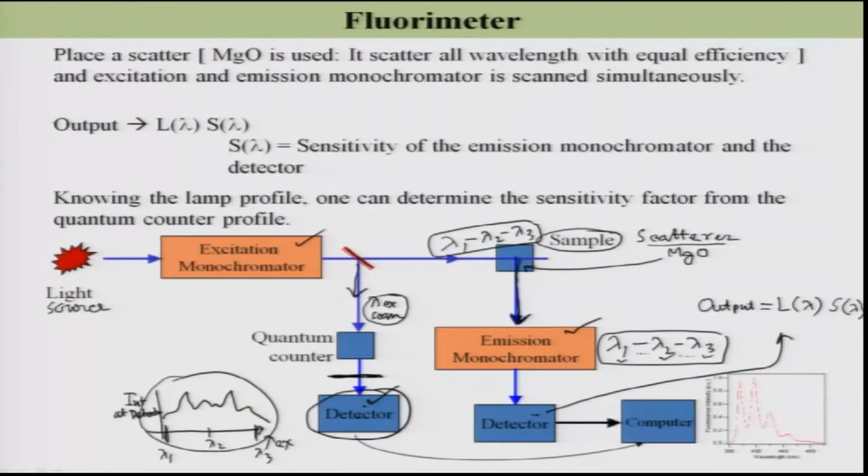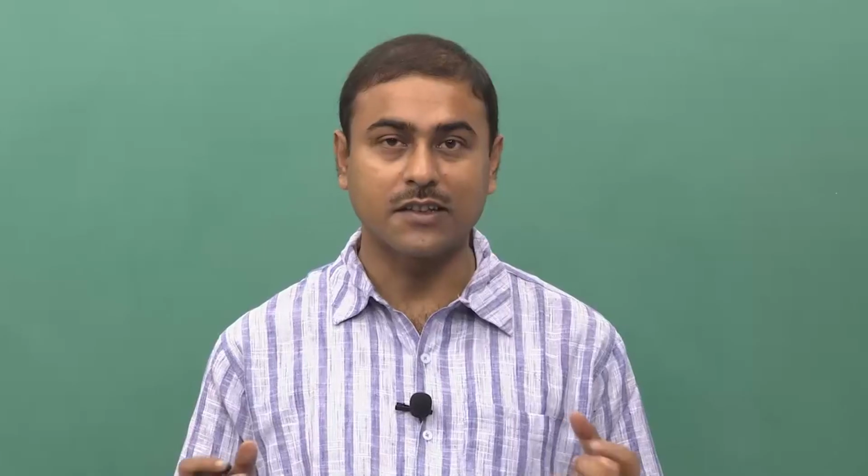So, output is L lambda into S lambda. S lambda is the sensitivity of the emission monochromator and the detector. So, what did you get? You got L lambda S lambda from here, and only L lambda from the quantum counter. So, you just divide L lambda S lambda by L lambda, you will get S lambda, and that S lambda is nothing but your correction file. That correction file you will be able to generate.